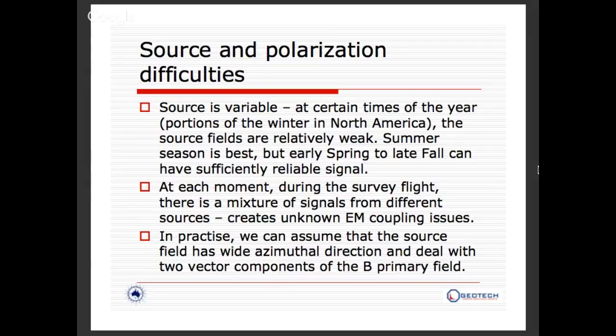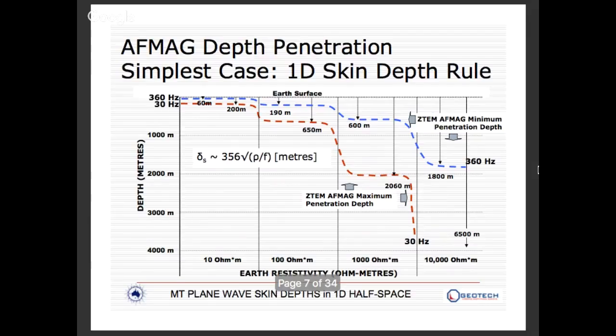When we are flying the survey, we have signals from all over the world, from many different sources, and this creates unknown coupling. But we can assume that the source is in the azimuthal direction, and we deal with the magnetic field as primary.